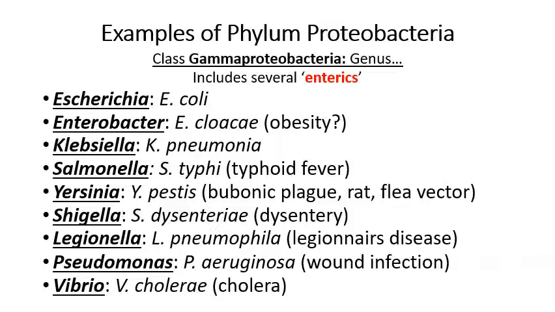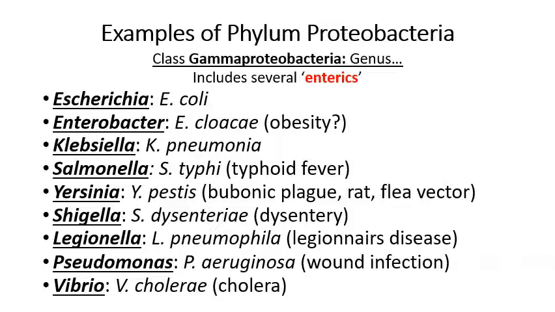Bubonic plague killed half of Europe in the Middle Ages, and it was believed to be carried by rats, but it was actually carried by fleas, by a flea vector on the rats. So Yersinia pestis was the cause of the bubonic plague, which killed half of Europe in the Middle Ages. It still exists today.